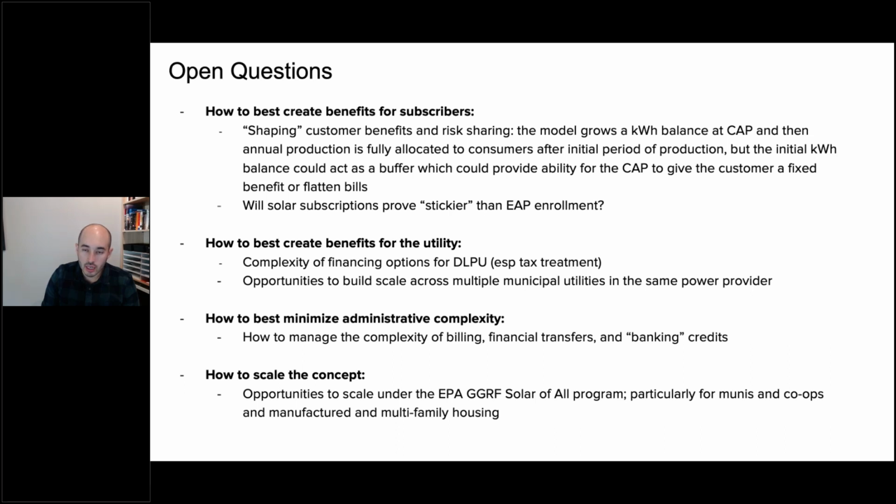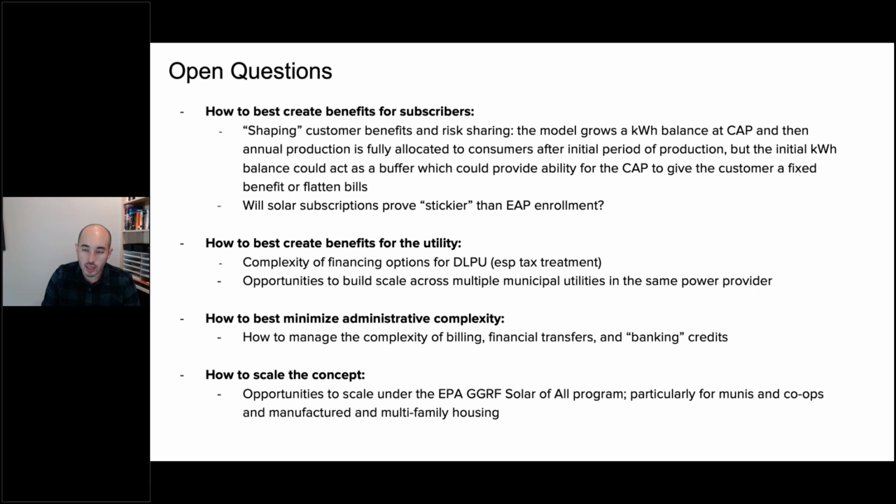But moving forward to scale this up, we're really interested in trying to understand opportunities to lower that administrative complexity, particularly if there's ways that could be really tailored to fit for munis and maybe munis and co-ops to help simplify that administrative complexity.